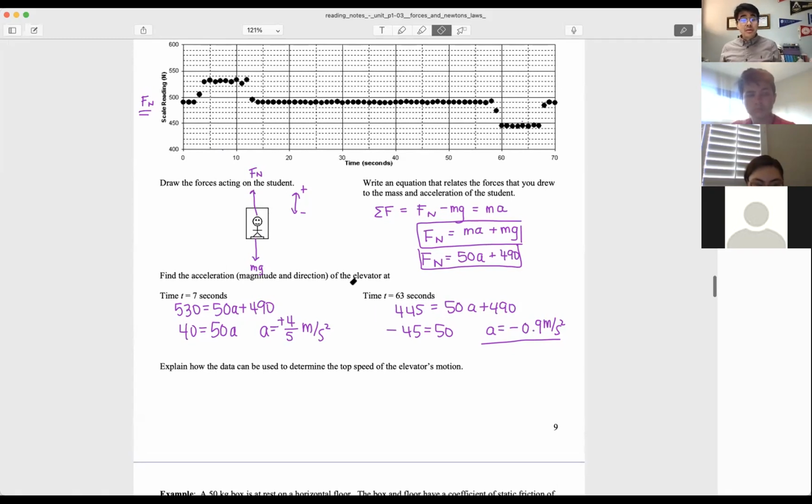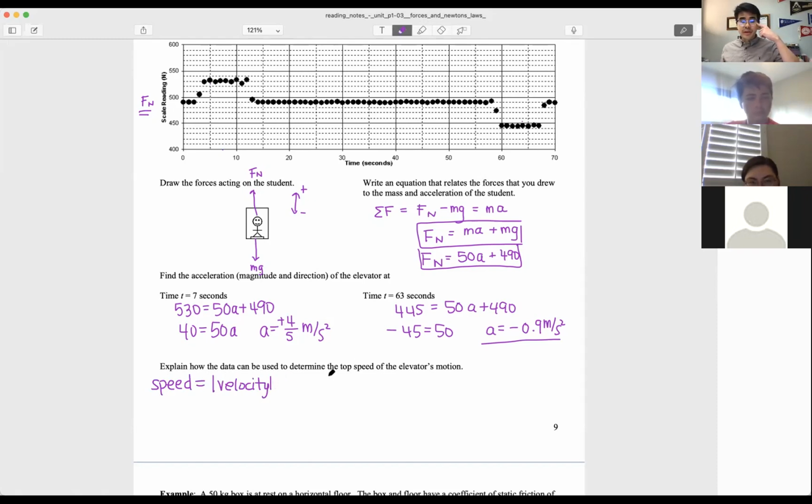Okay. So remember, how does speed relate to acceleration? Well, remember that speed is the absolute value of velocity, right? And then what is velocity? Well, velocity is related to acceleration, isn't it?